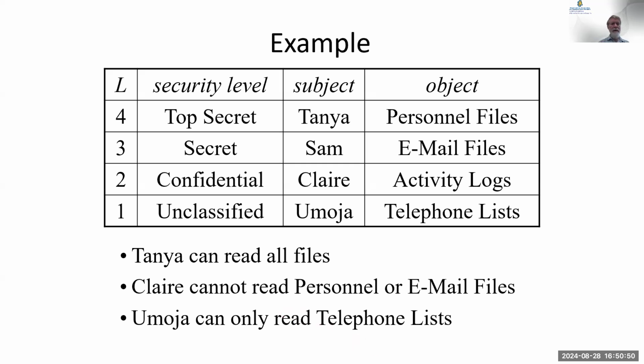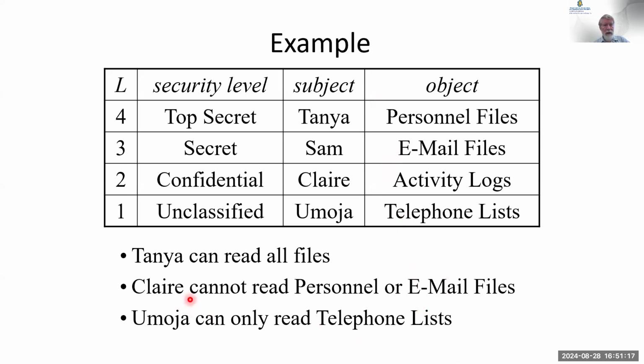So, for example, we have some subjects at security levels, and we have some objects that you might put at those levels. In this example, Tanya, who's top secret, can read everything because everything is below her, and she can write things at the top secret level.